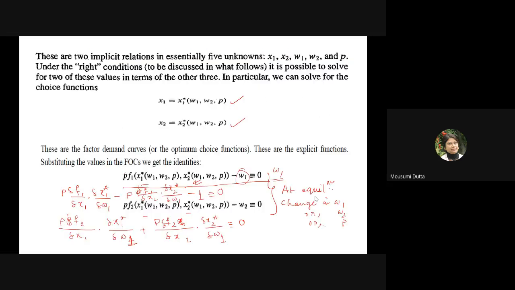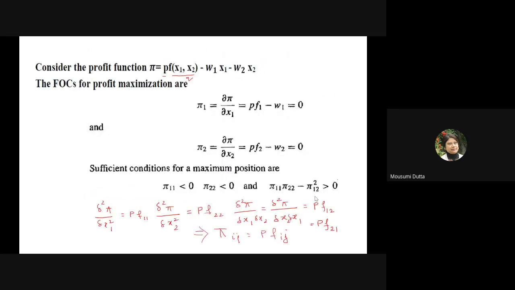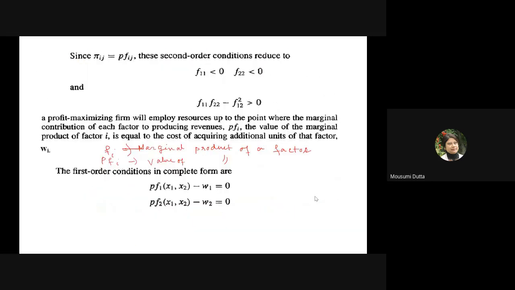From the second order conditions, we ensured this expression is not equal to 0. From the second order requirement, we ensured these expressions are not equal to 0. In fact, this expression is positive, and these two expressions are negative.